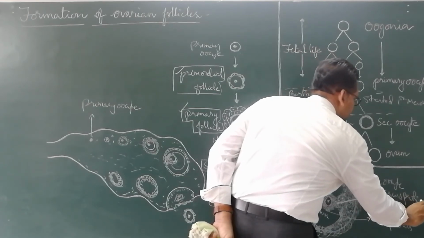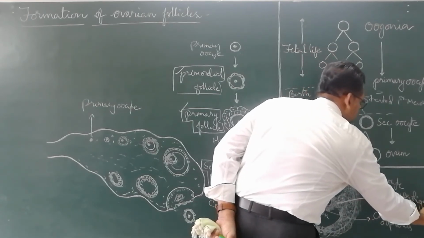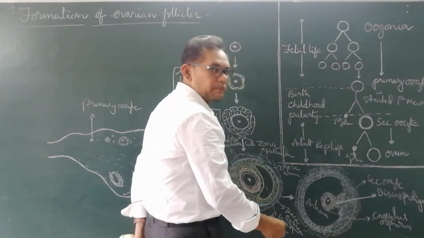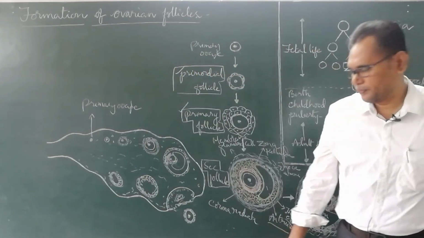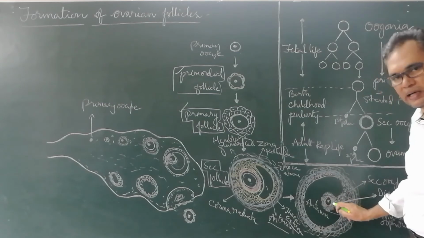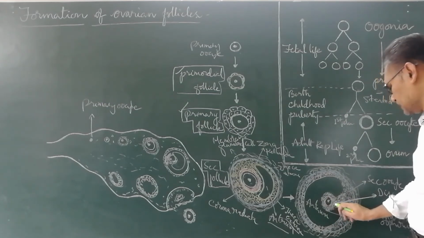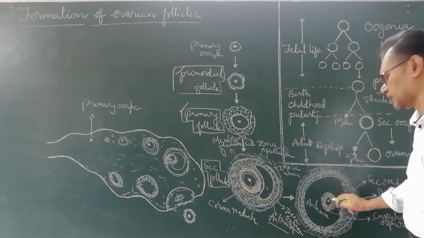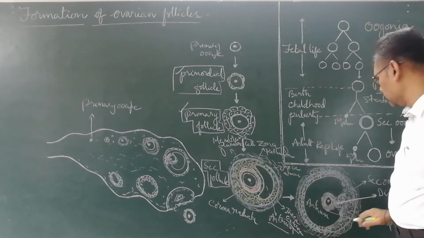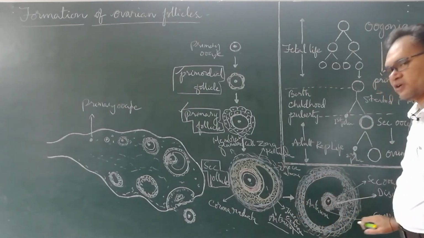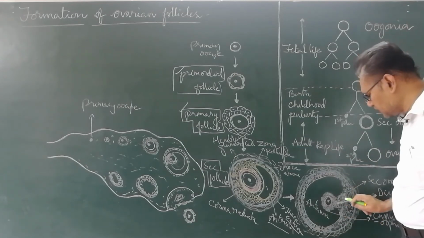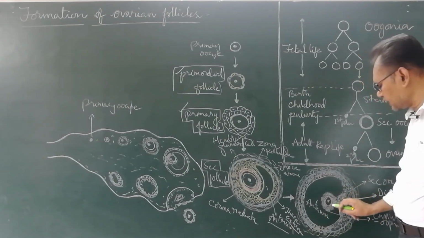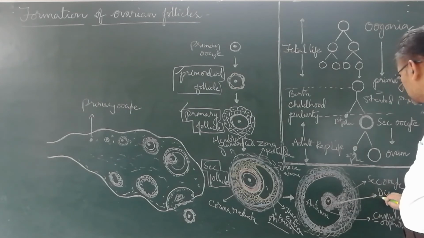The membrana granulosa cells surrounding the secondary oocyte are called cumulus oophorus, and the part where they are still attached is called discus proliferus.